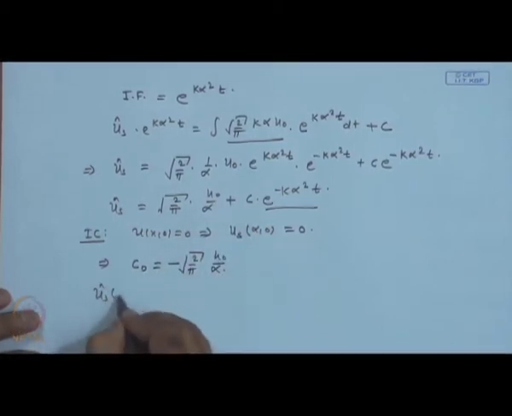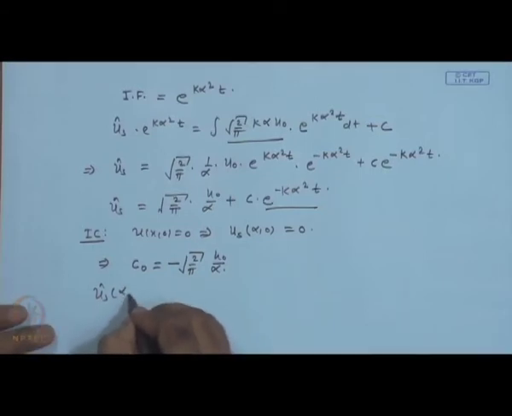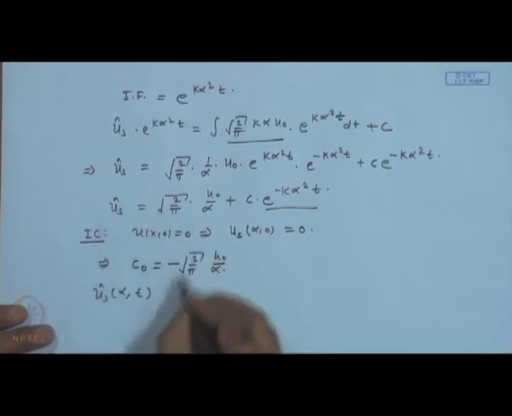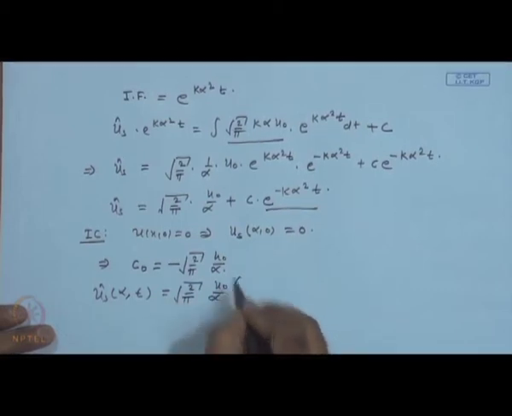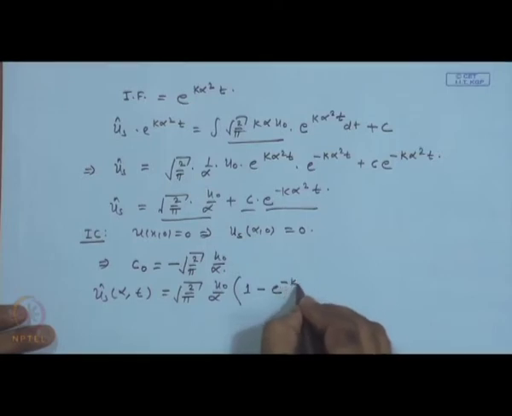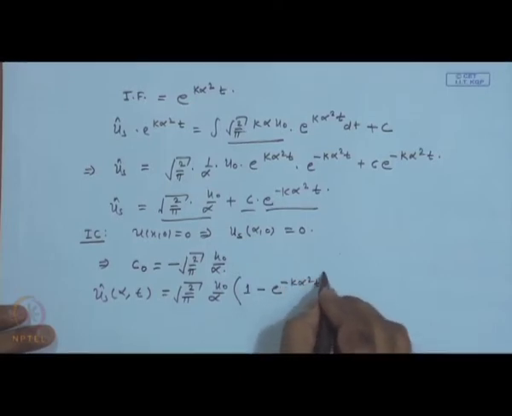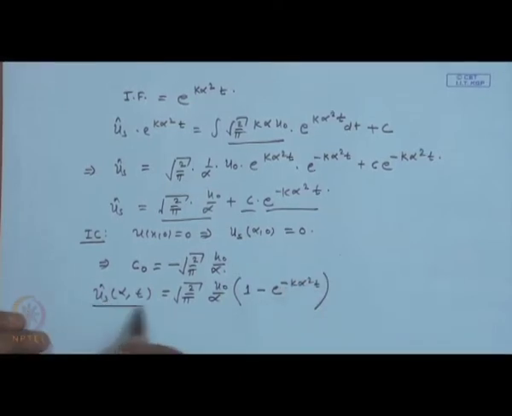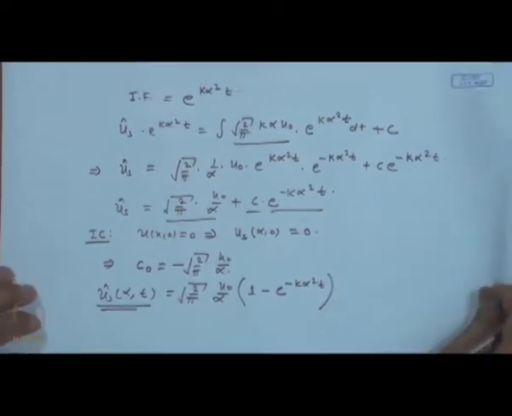So, we have this u_s hat of alpha, t as square root 2 over pi u naught over alpha. We take it common because c also has this factor. So, we have 1 minus e to the minus k alpha square t. Now we take the inverse sine transform.